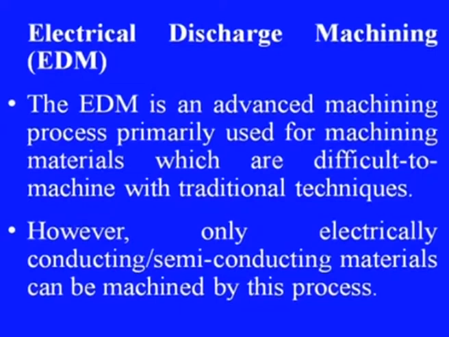Now, let us move into the electrical discharge machining process. A brief introduction to this process is like this. This is an advanced machining process primarily used for machining materials which are difficult to machine with traditional techniques. There are certain materials having very high hardness and very high toughness.